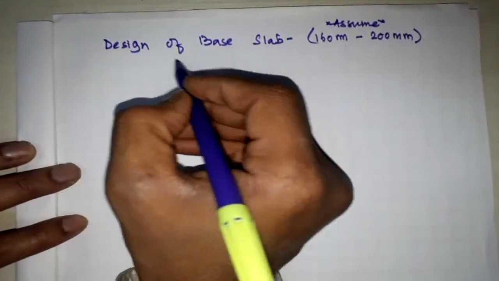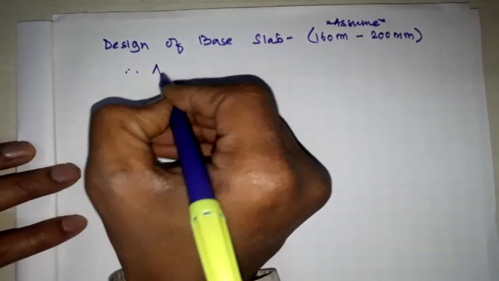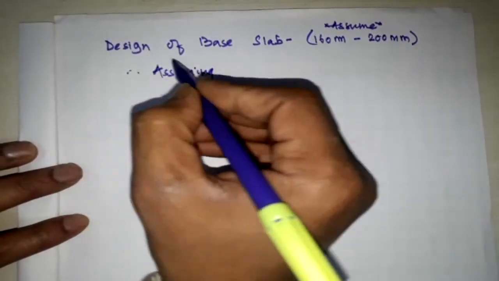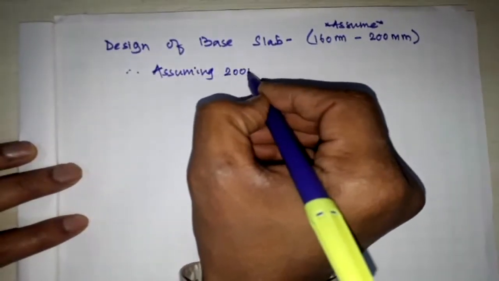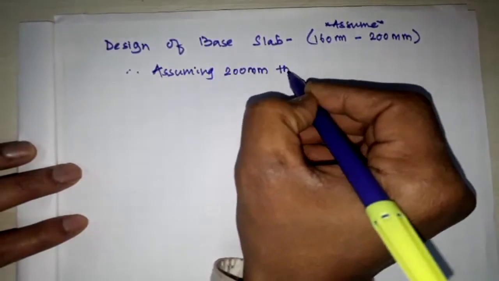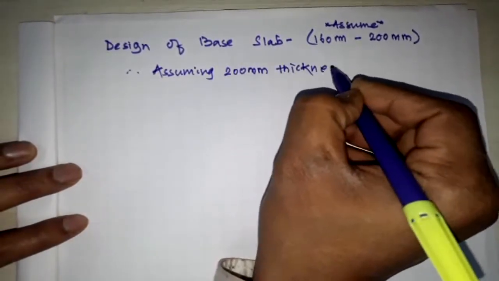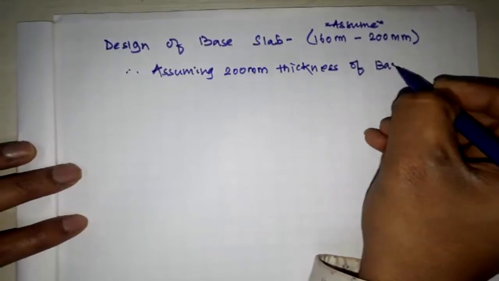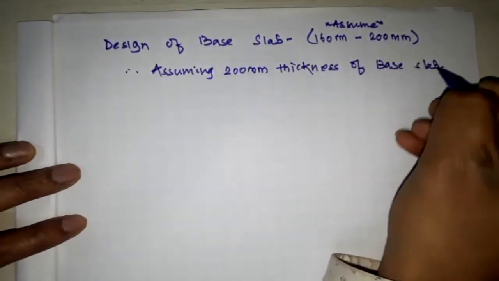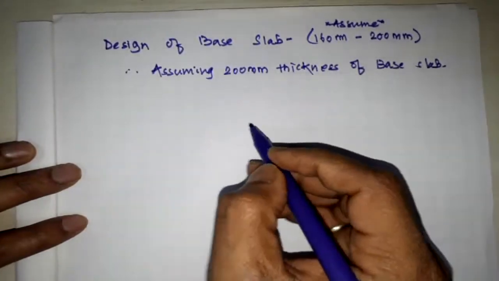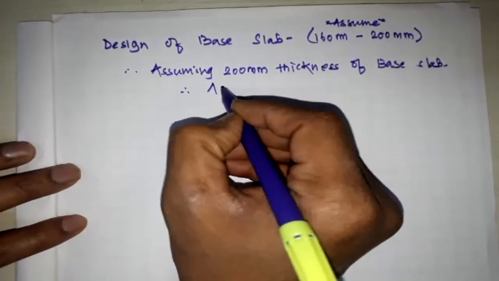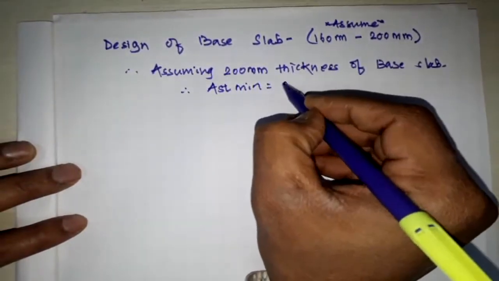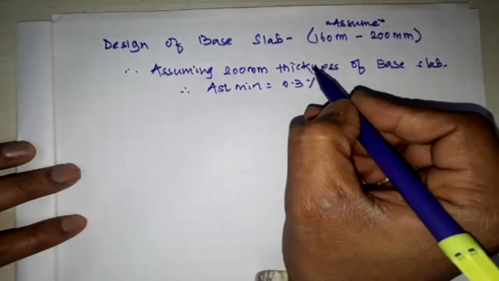So we'll assume 200 mm thickness of base slab. Therefore AST minimum will be 0.3%.